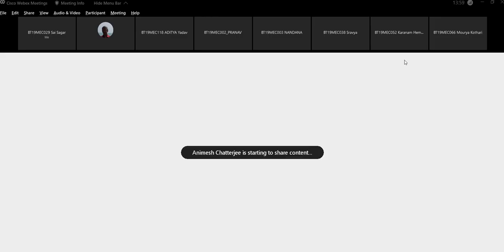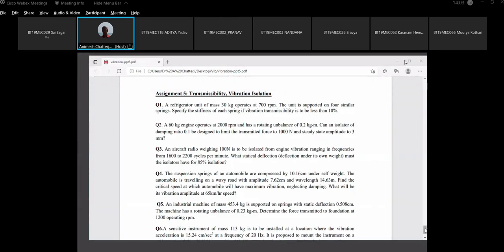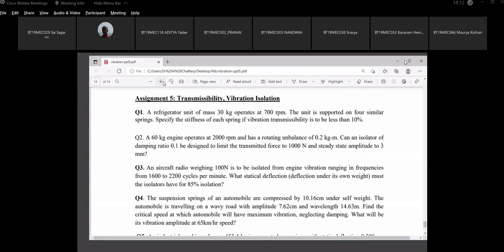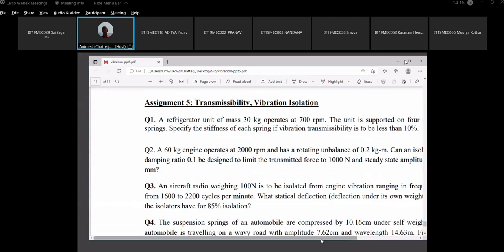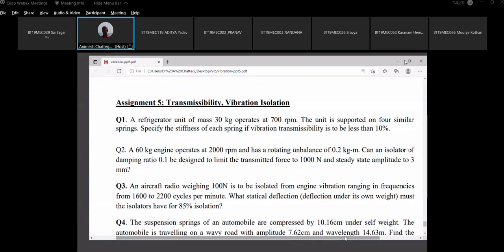If you can see the problem page, assignment number 5, try question number 1. All of you start solving problems. Today we will practice problems.